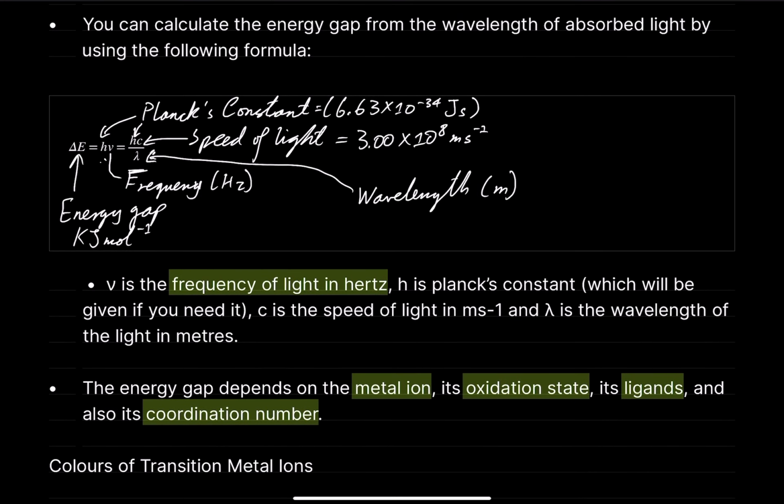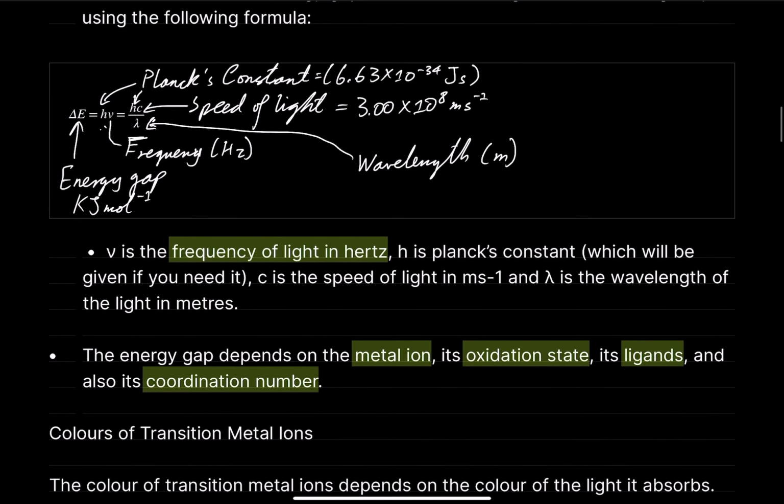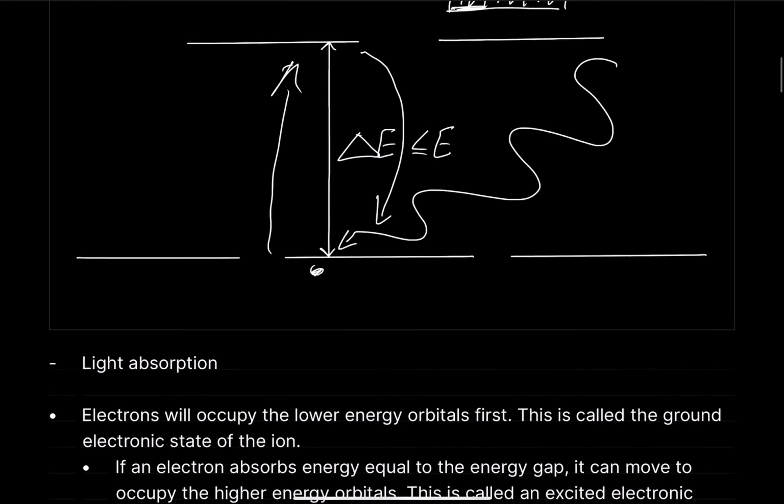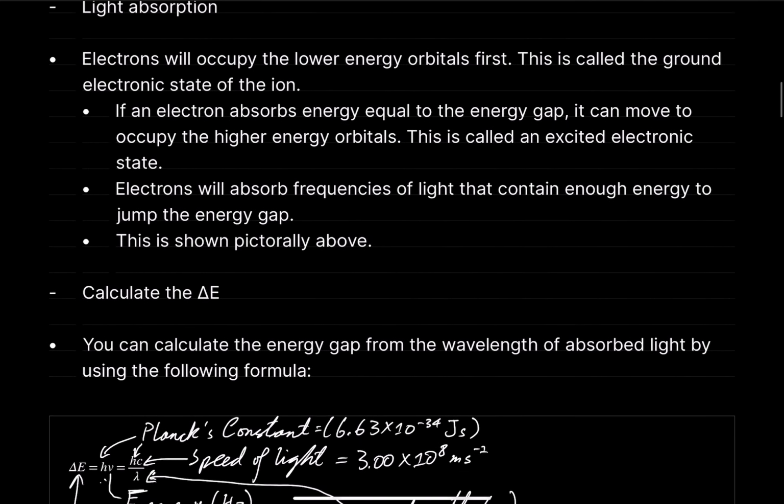Now, I want to make it very clear that, as I said at the start, the very first thing I said about colors of ions is that it's a property of transition metal ions that they give specific colored ions, right? And I explained what's going on chemically and physically in terms of that energy gap.